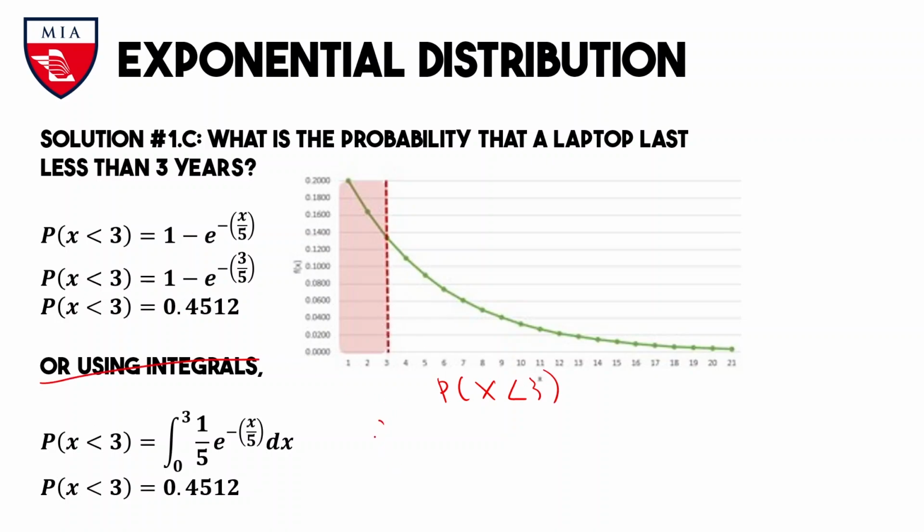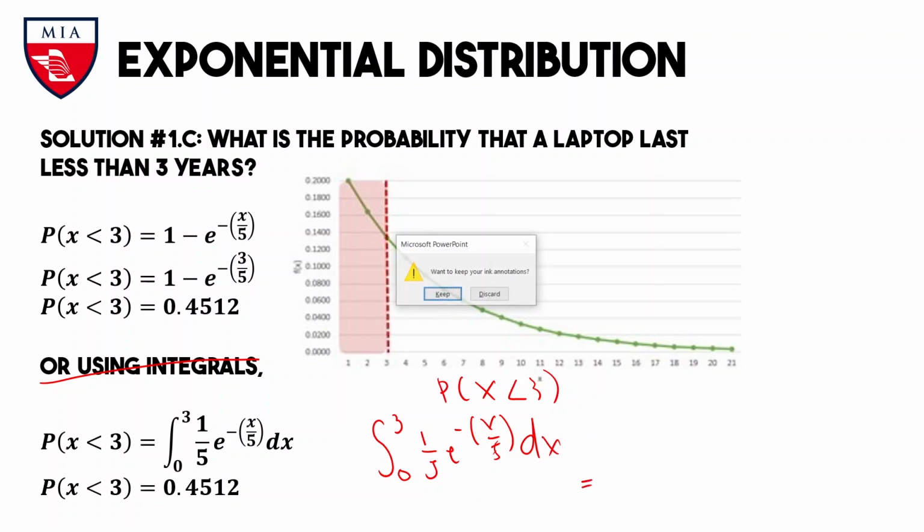The lower limit is 0 and the upper limit is 3. Entering the formula, we have 1 over 5 e raised to negative x over 5 dx. How can we solve this? Use the integral in the calculator.